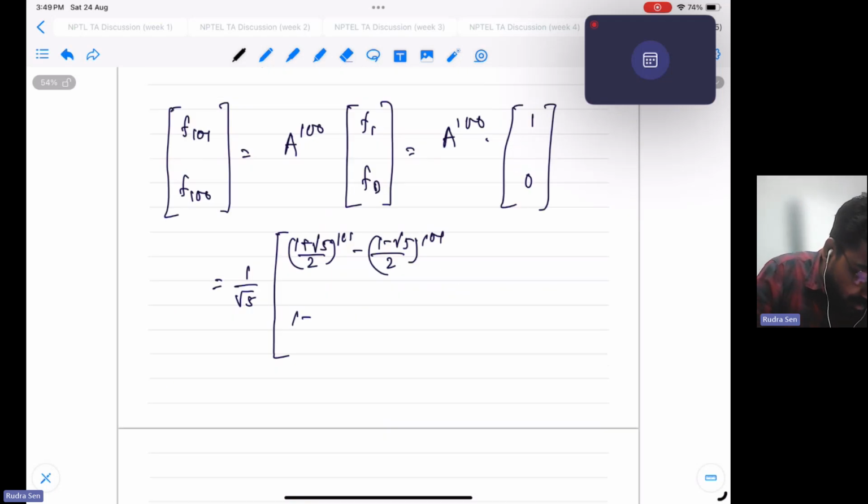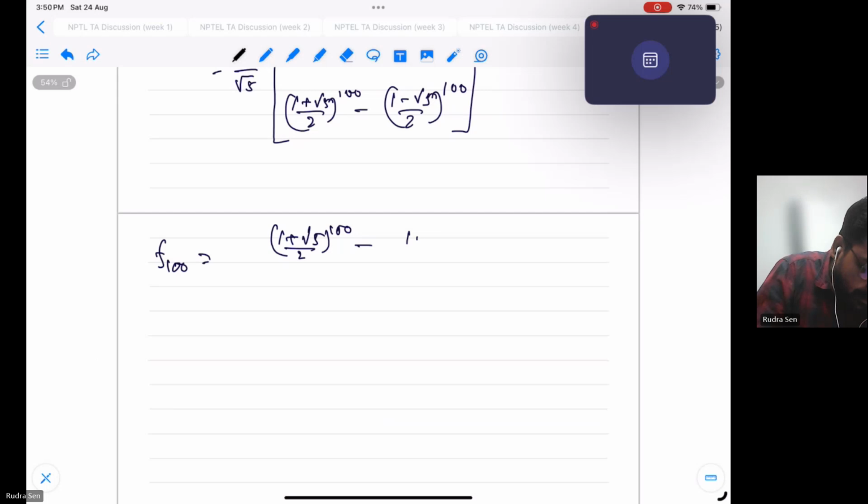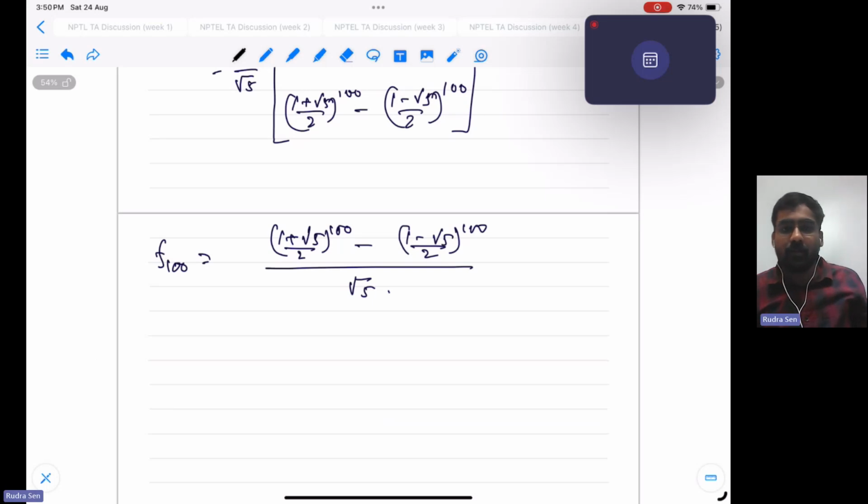And here, ((1 plus root 5) by 2) to the power 100 minus ((1 minus root 5) by 2) to the power 100. So my F100 is basically this term, the last term. So this is my F100.